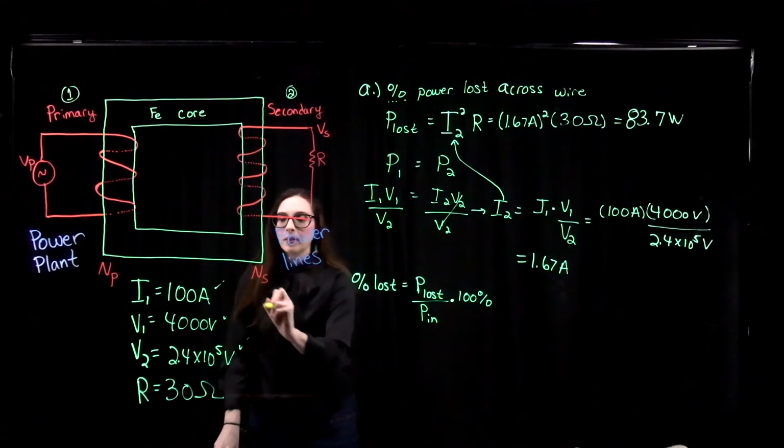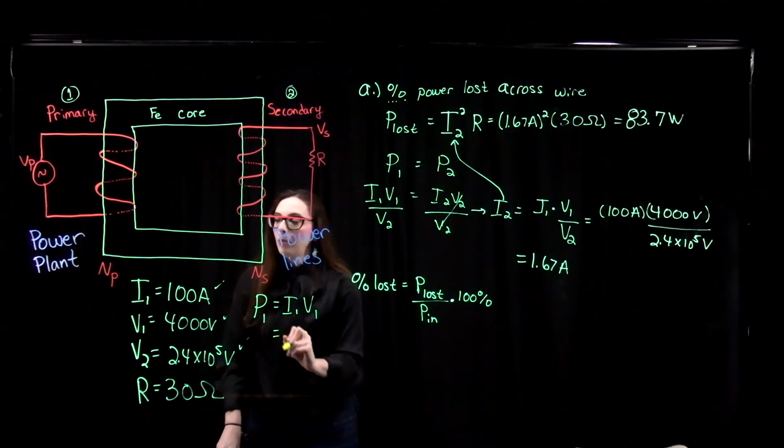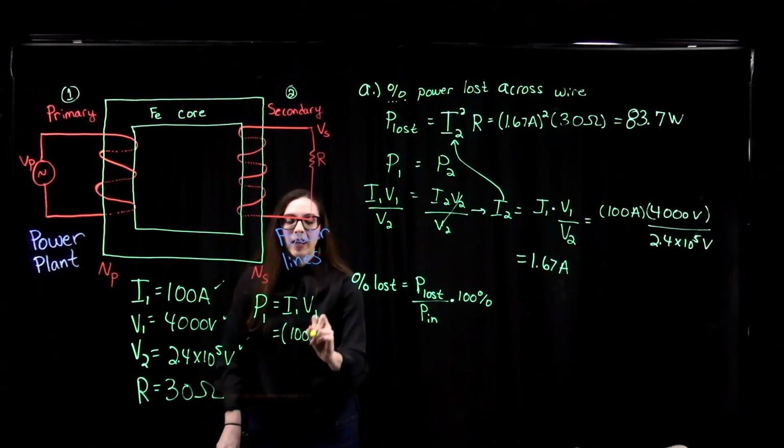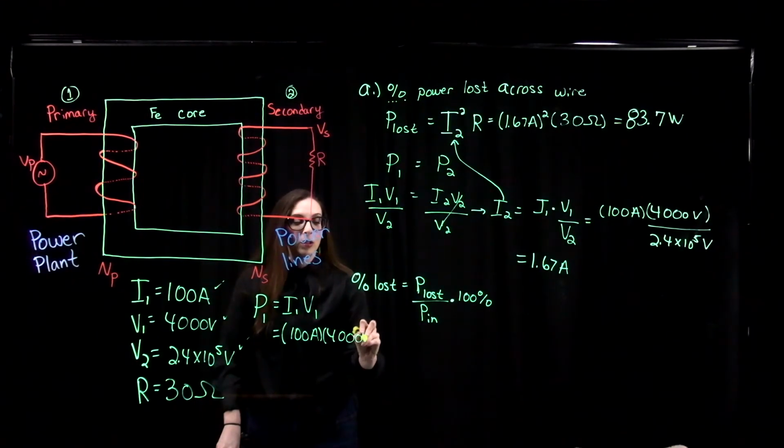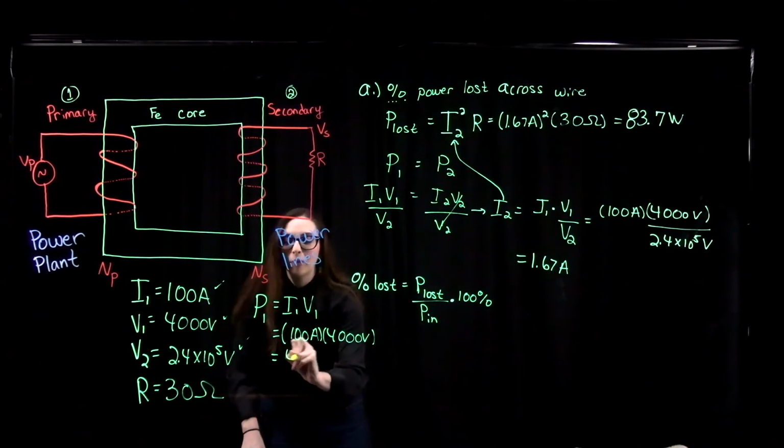So this P1 is going to equal I1 V1. So our input power was 100 amperes times 4,000 volts. And that's 4 times 10 to the 5 watts.